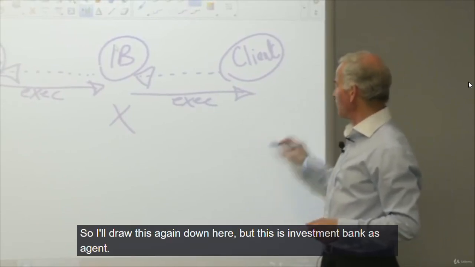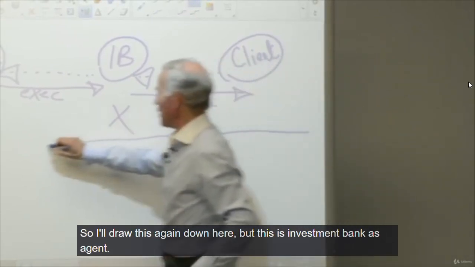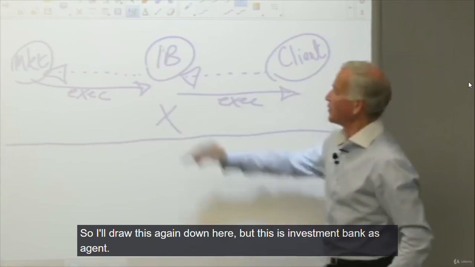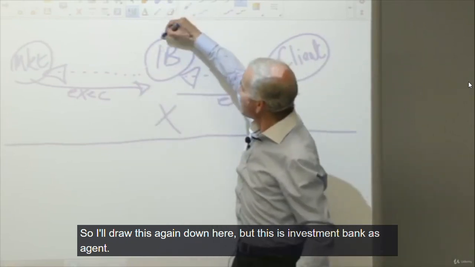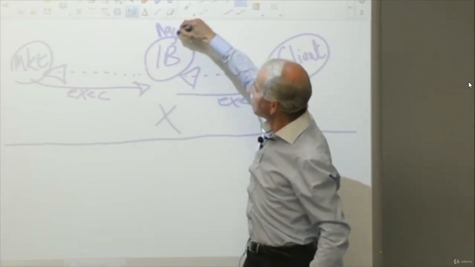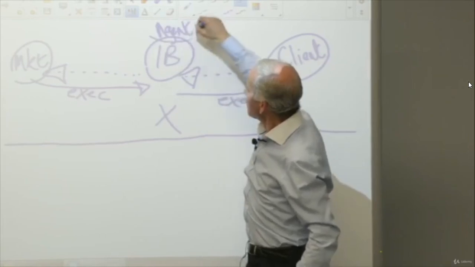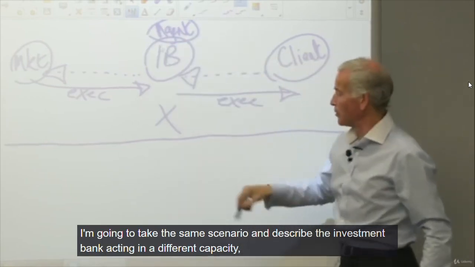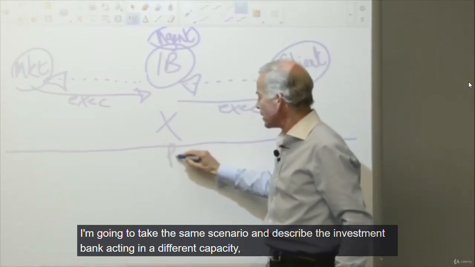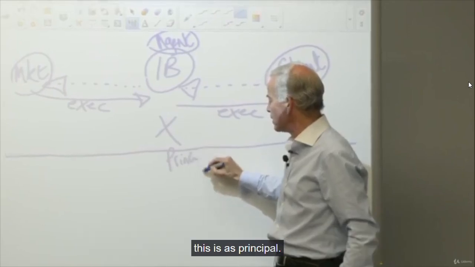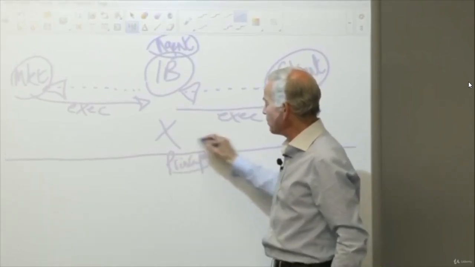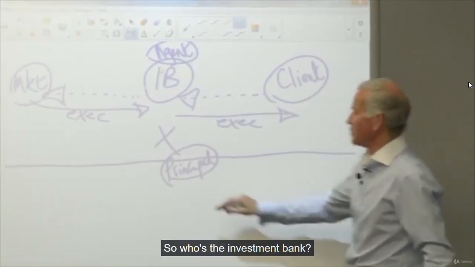So I'll draw this again down here, but this is investment bank as agent. I'm going to take the same scenario and describe the investment bank acting in a different capacity. This is as principal. So here's the investment bank.